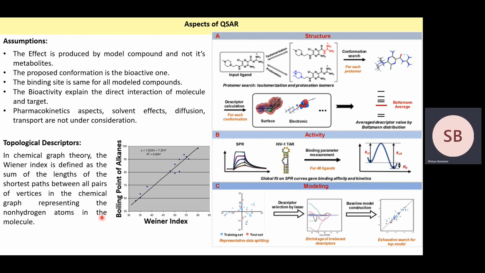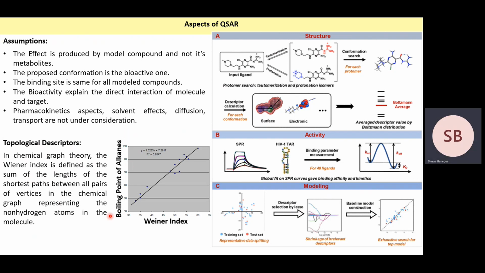What this means is that if you have a molecule, you represent each of the non-hydrogen atoms by a point. Then you take the length of the shortest path between all the pairs of these points. The sum of these lengths forms the Wiener index.